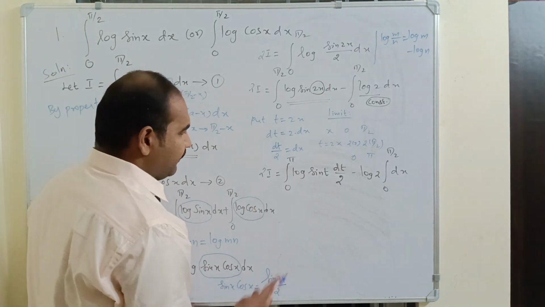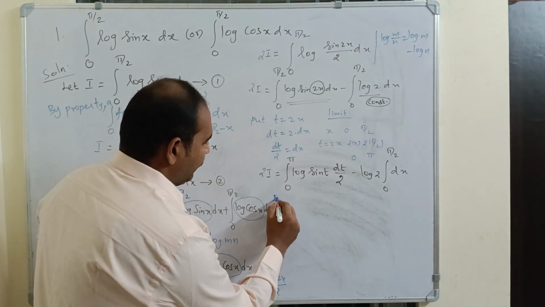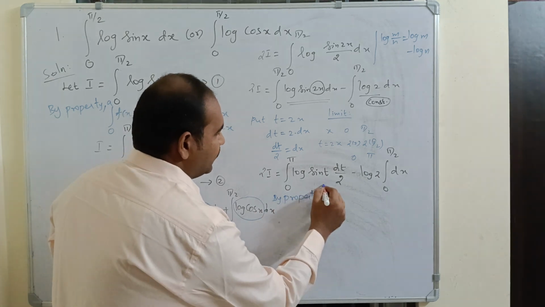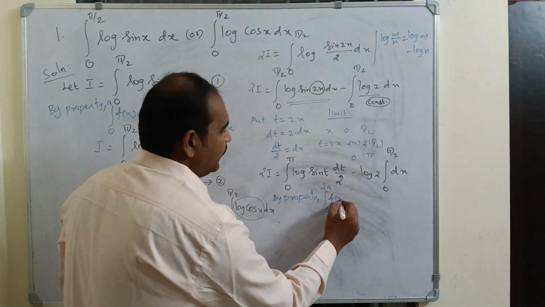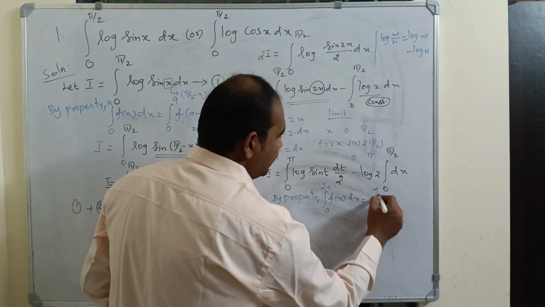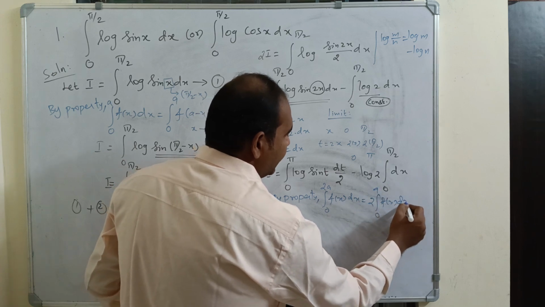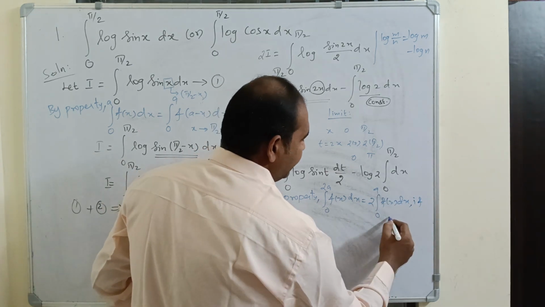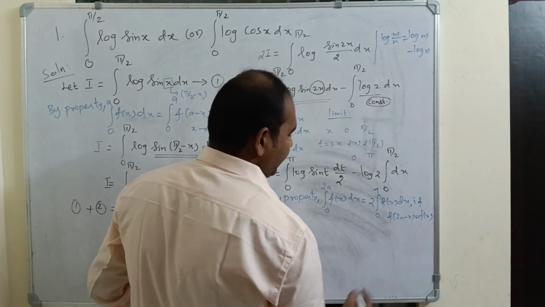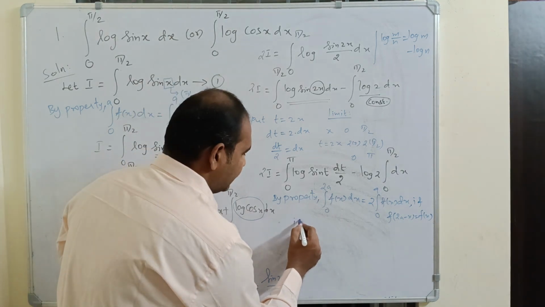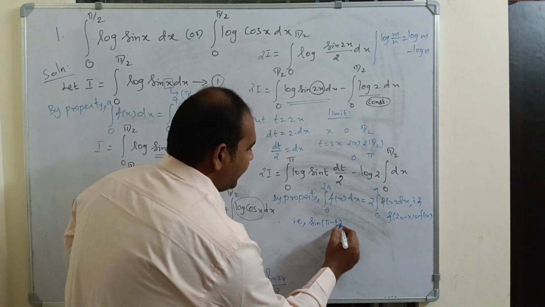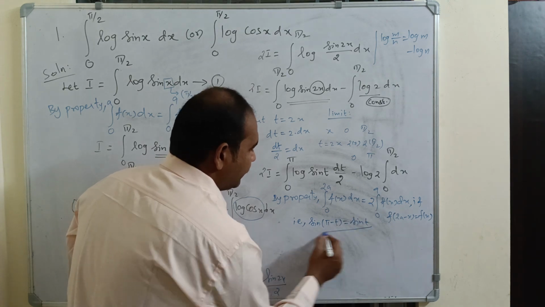Here, again we are going to apply a property: integral 0 to 2a f of x dx is equal to 2 times integral 0 to a f of x dx if f of 2a minus x is equal to f of x. That is, sine of pi minus t is equal to sine t.